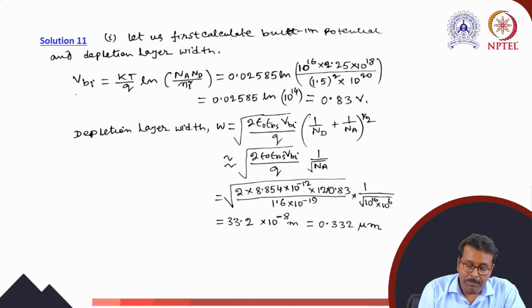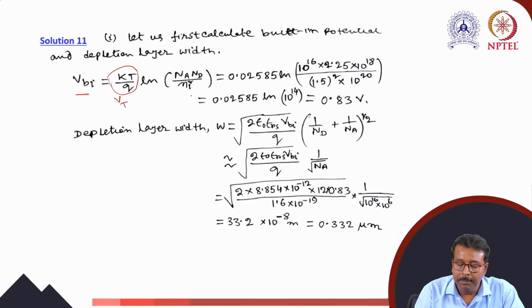The built-in potential formula is VBI equal to VT ln(Na Nd / ni squared). Considering 100% ionization, if nothing is mentioned you can assume 100% ionization, that means doping concentration is the same as the donor concentration.